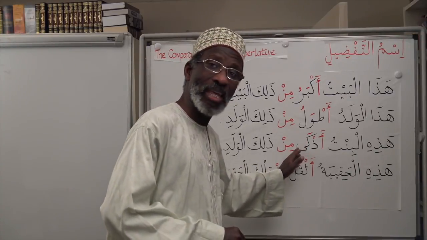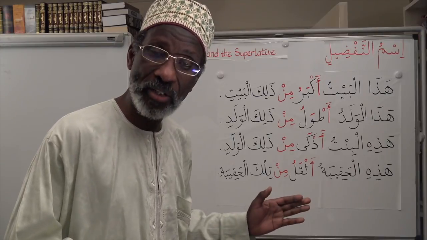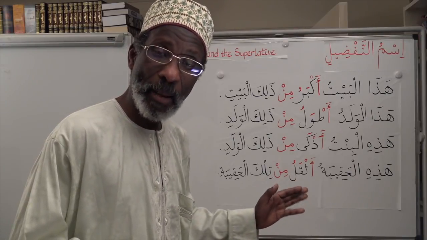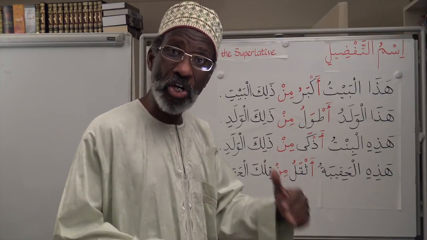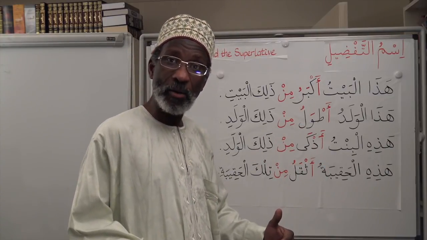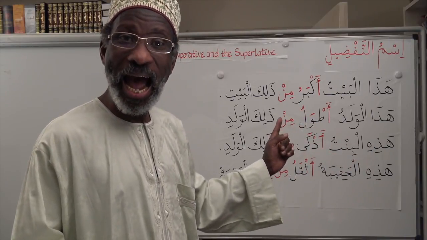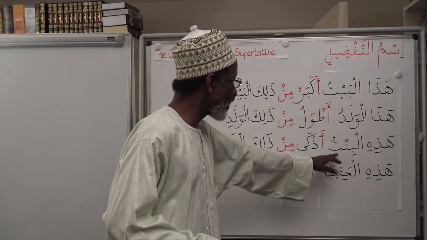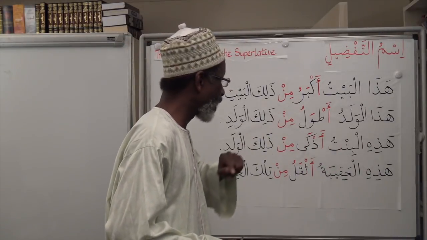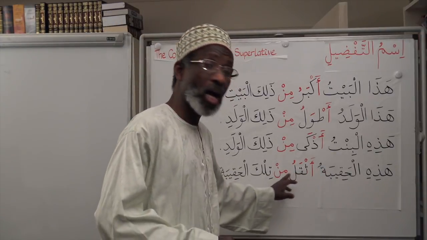What about adhka? What's the base for that in terms of the adjective? Adhka coming from dhakiyun. So when you have the third root letter, ya, waw, that becomes the alif maqsura in the elative. هذه البنت أذكى من ذلك الولد. هذه الحقيبة أثقل.